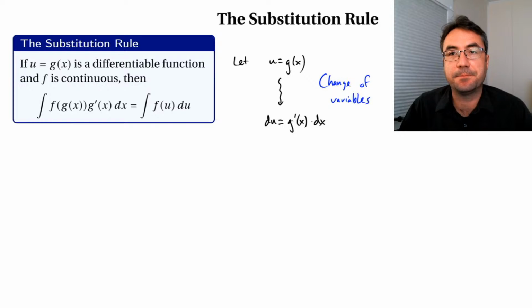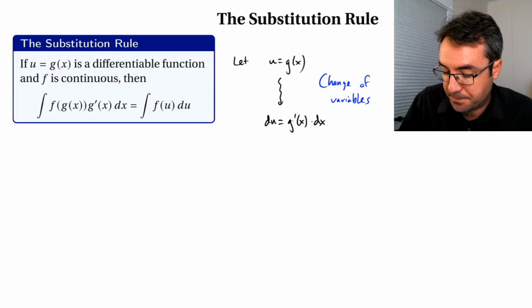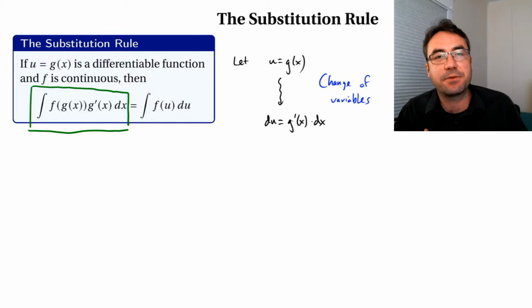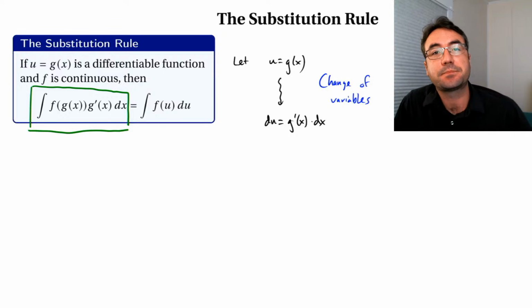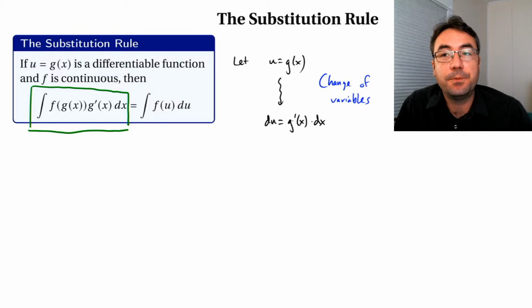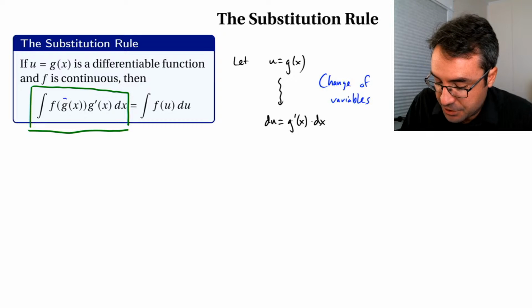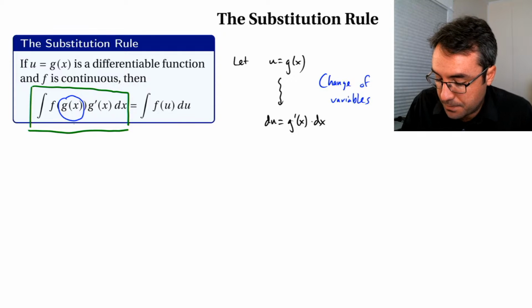So how are we going to do that? So this is the integral that we're interested in calculating, and it's going to be kind of complicated looking. It's not one of our basic forms. It's not an elementary form that we could just go to a table and look up. So what we're going to do is simplify it down by changing the variables. So this g of x term that we see inside, well, that's going to become u.